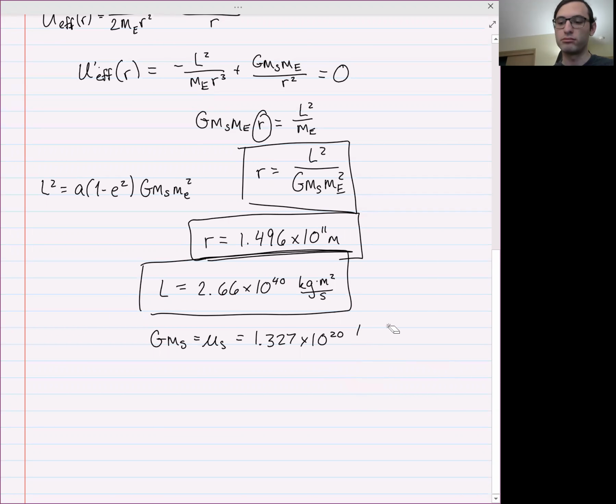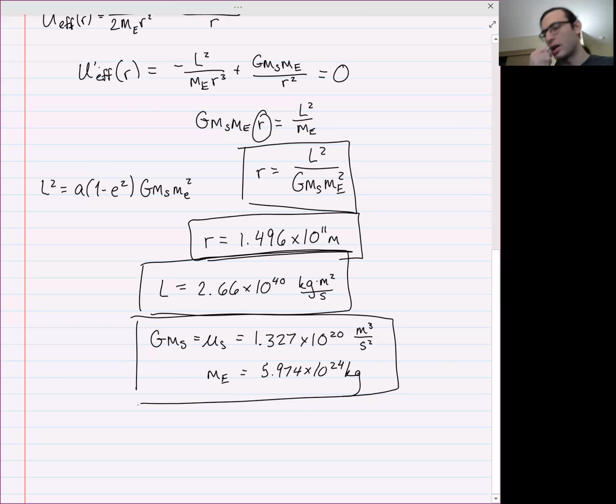Okay, I was right. All right, so this is our gravitational parameter for the sun. And then we need the mass of the Earth, which is clearly in kilograms, which we have as 5.974 times 10 to the 24th kilograms. All right, so we need all of these numbers to do part 3C.